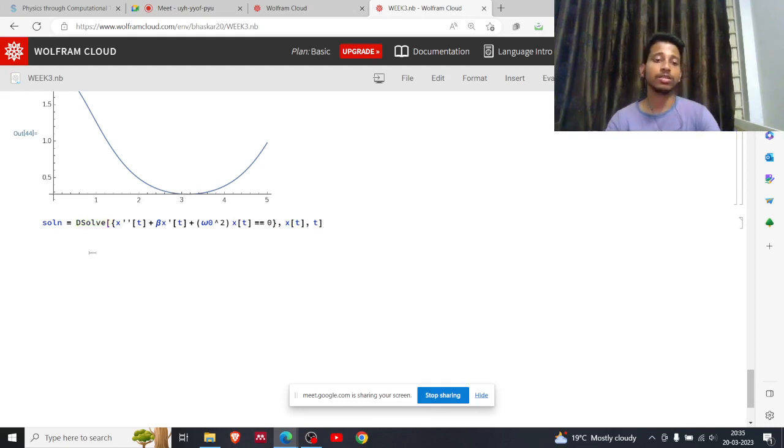So this is the general equation of the oscillator, damped oscillator, not forced oscillator.